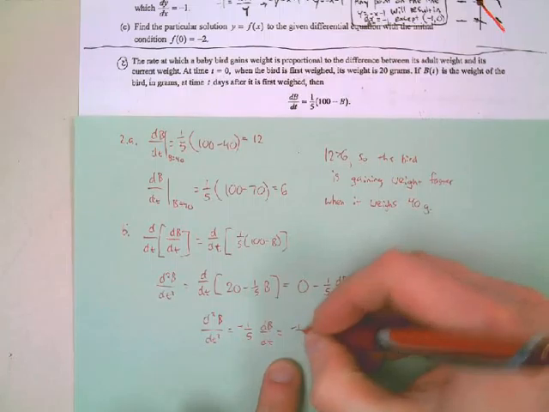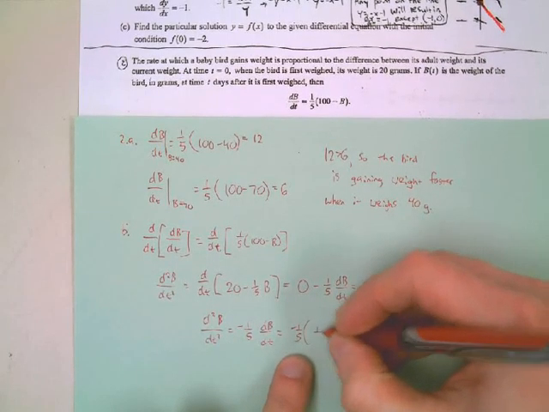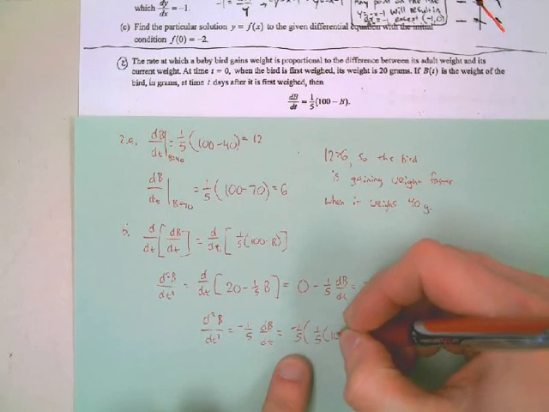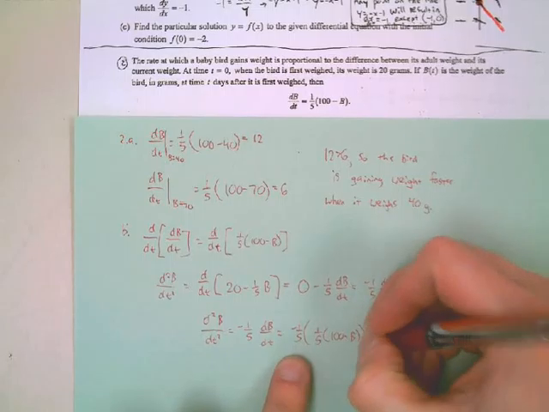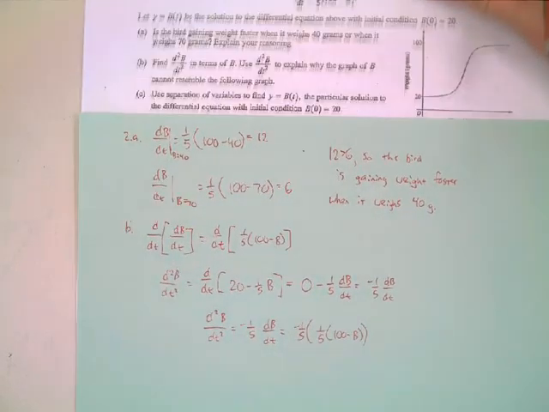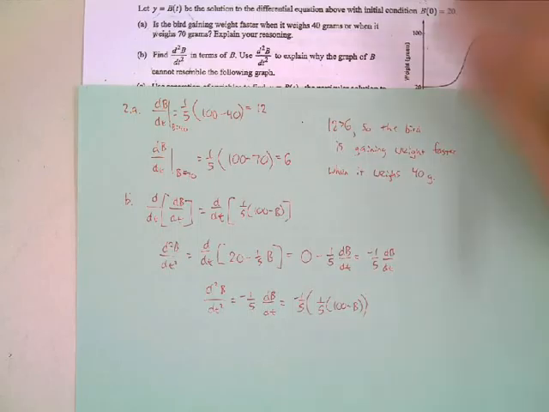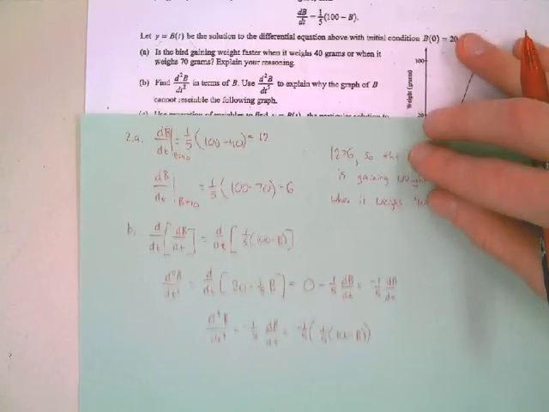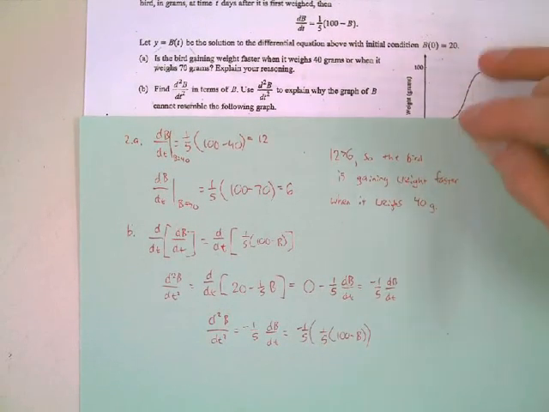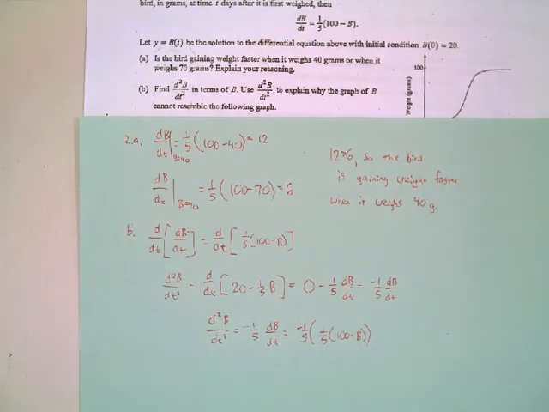So it's negative 1/5 times 1/5 times 100 minus B. Okay. So you can see it's very much like that implicit differentiation. Remember when we were doing implicit differentiation, we took that second derivative. You oftentimes had to plug in that first derivative because it showed up again in the second derivative. Okay. Oof. Now that's kind of messy, right?